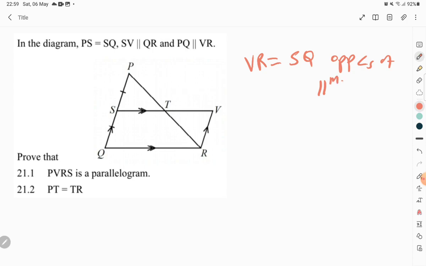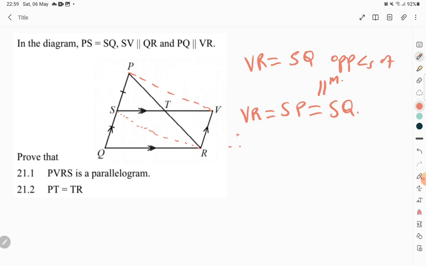So if that's the case, VR is also equal to SP, and they are both equal to SQ, right? So we have that. Then we can see that the quadrilateral that we can construct here, you don't necessarily have to construct, it's only about viewing, this is actually a parallelogram. So this is basically what we have.